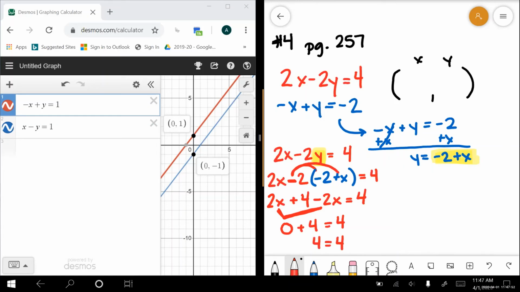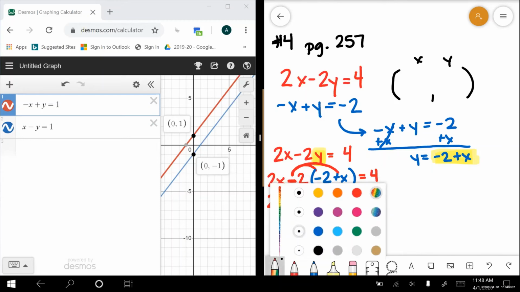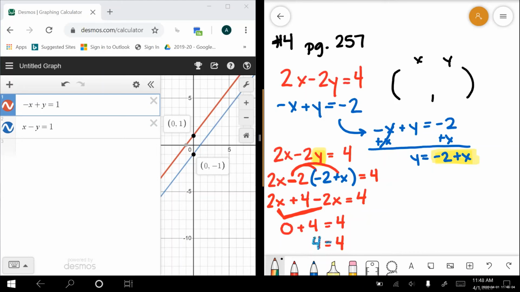It's similar to the last problem, but not all the way similar, because what's happening here? I've got 4 equals 4. And when I've got the same thing on both sides of my equal sign, that means infinitely many solutions.